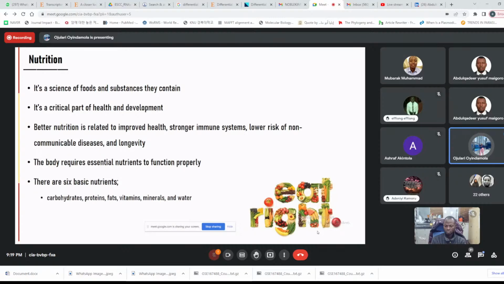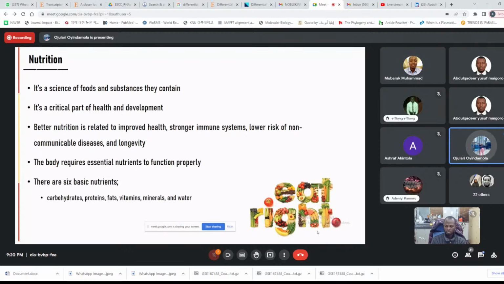And like I said earlier, it is a very crucial part of our health, the development of our body, either short term or long term. So for us to have improved health, improved immune systems, and all of those things, the first point of contact is what we consume.